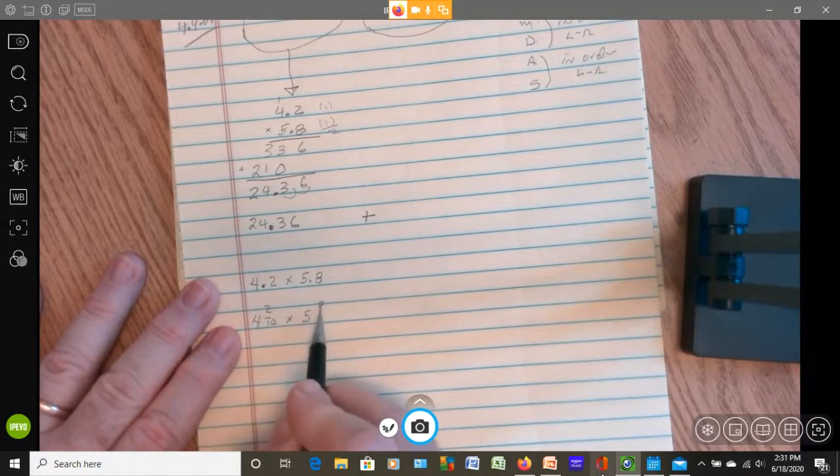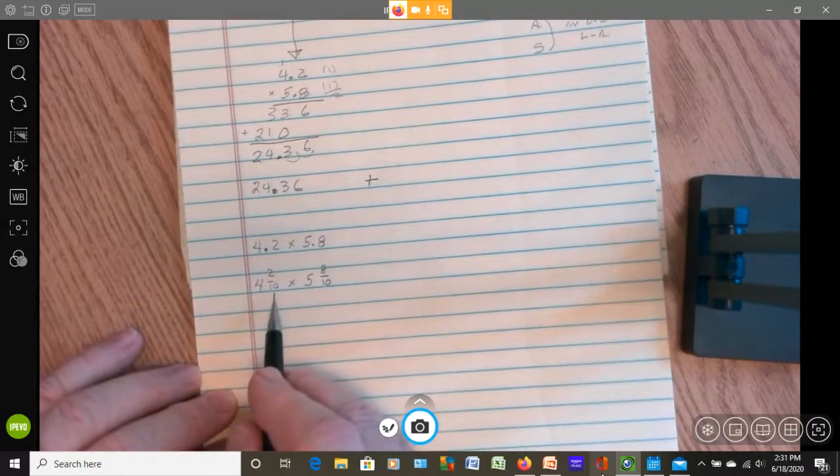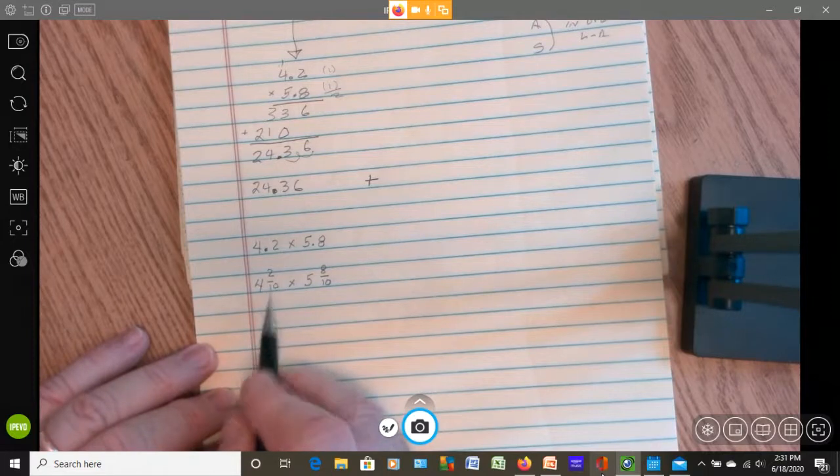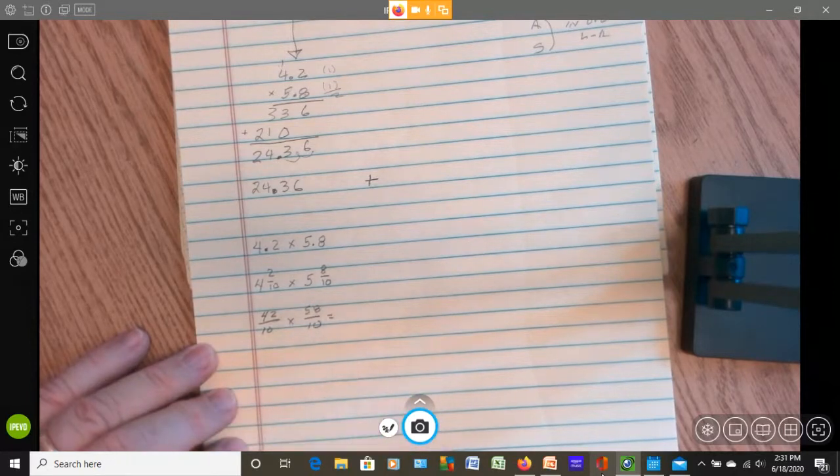Oh, wait a minute. You're getting way off the line now. We're going back to fractions. Okay. Now, wait a minute. How did we multiply fractions when we had mixed numbers? Oh, my goodness. We said, right? Huh? Remember how to do that?